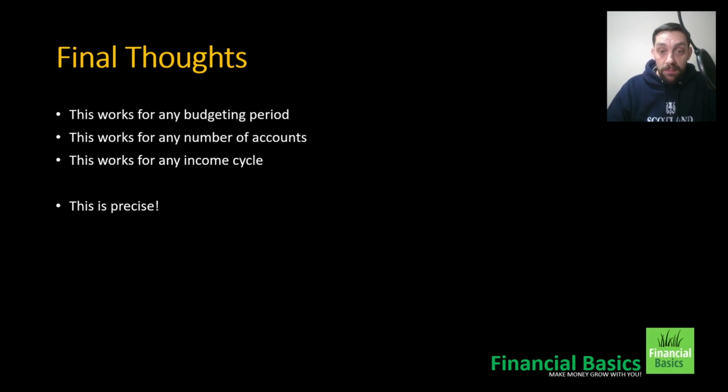So whether this is 1 month or 3 months, as I've just demonstrated, or whether it is 6 months or a year or even 5 years, if I had all of the statements from 5 years ago and I knew all of the balances and I compared that to my balances today over that 5-year period, and I knew what my income was across that entire period, and I knew what my investments were for that entire period, I could precisely work out what my expenses have been over that entire period without looking at a single line item in the budget. This works for any number of accounts.